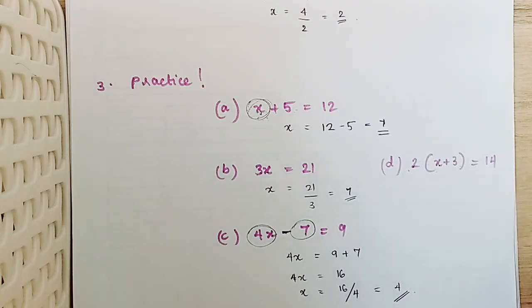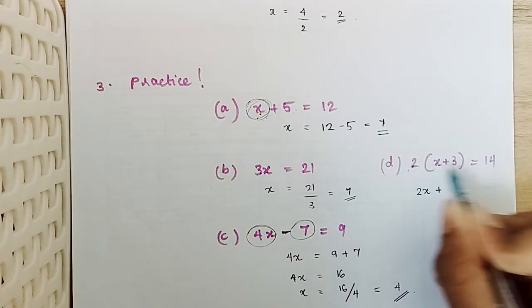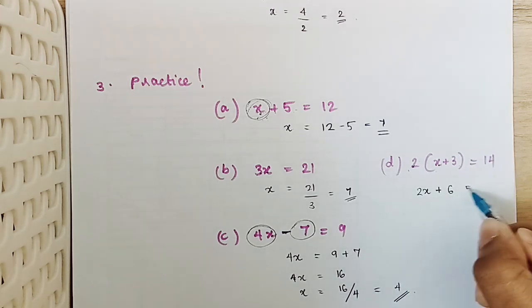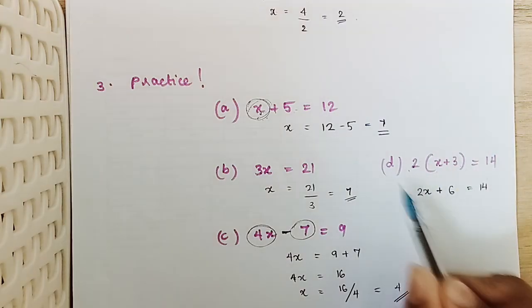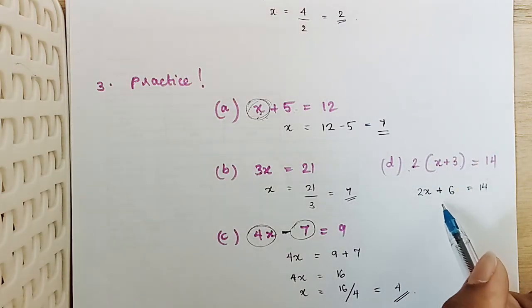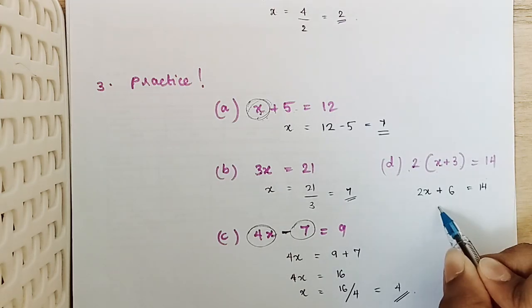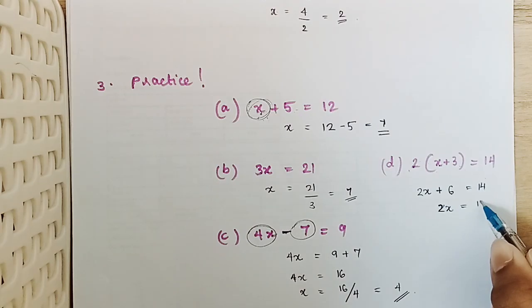So 2 into x will give us 2x, and then plus 2 into 3 will give us 6. So 2x plus 6 is equal to 14. So we formed an equation from this equation. From this equation, we need to find the value of x. So 6 will go to the other side, that is 2x is equal to 14.